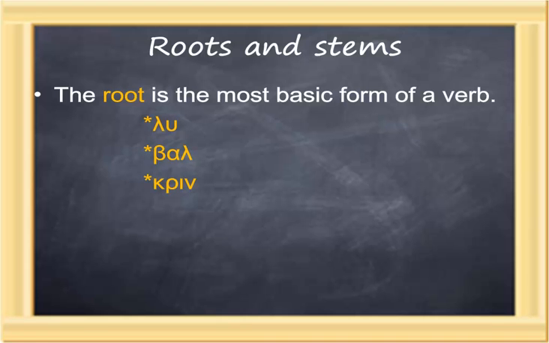First of all, the difference between a root and a stem. The root is the most basic form of a verb. It will be indicated by Mounce in his textbook by a shortened form of the verb with an asterisk in front of it.